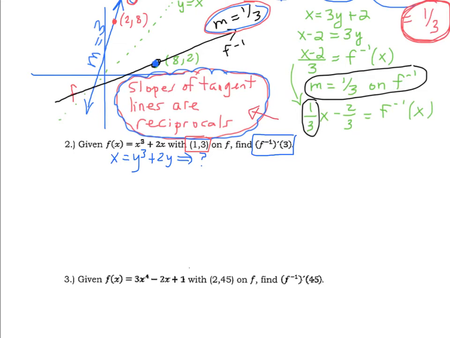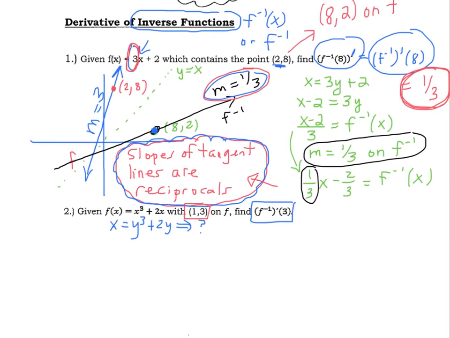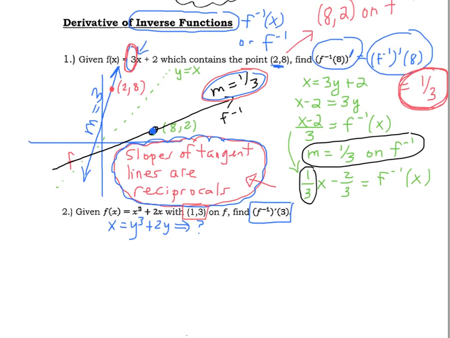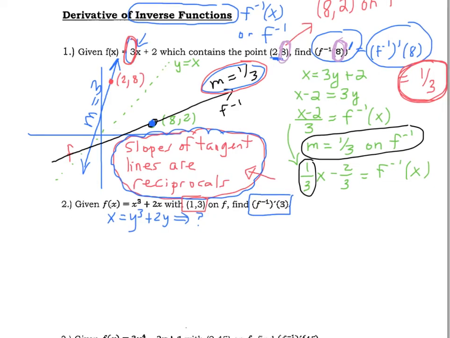Now if we go back up above here, let me grab a different color. Notice that what we were trying to find was an x value of 8. That x value of 8 showed up as a y value on the other function. That's going to be the case in these questions.